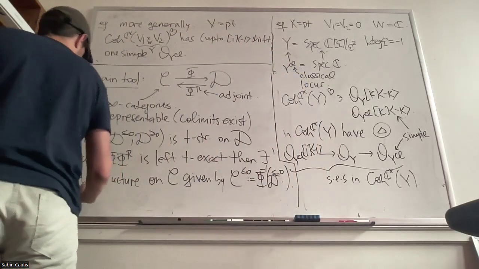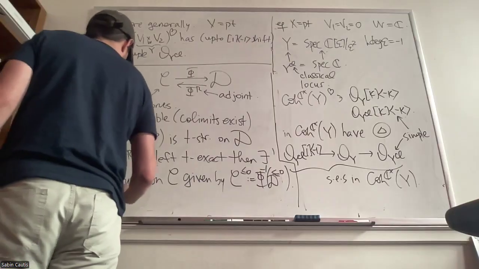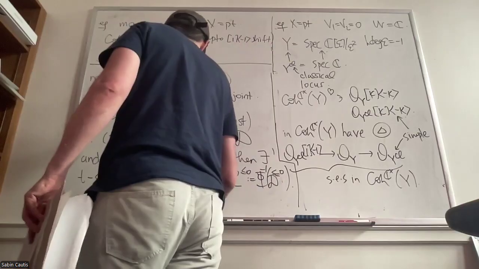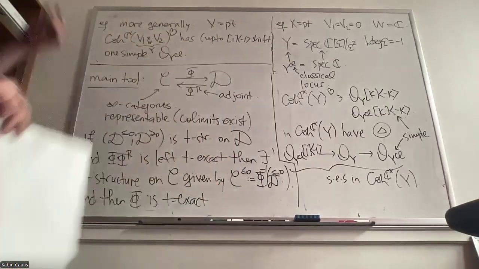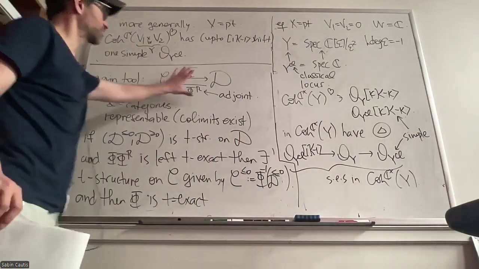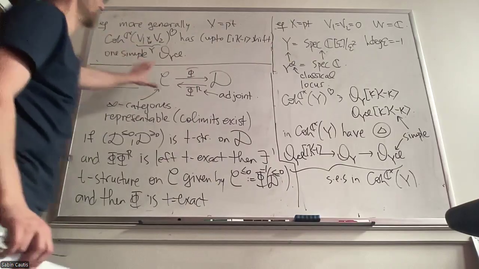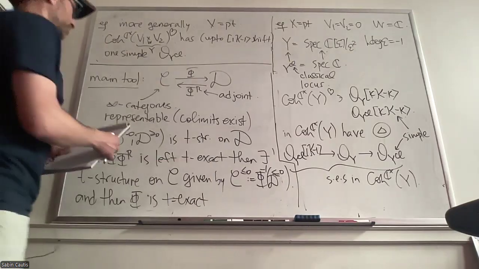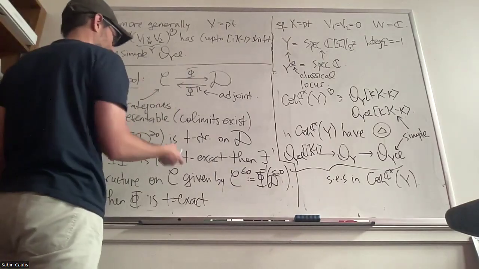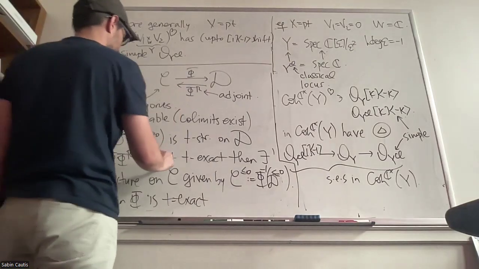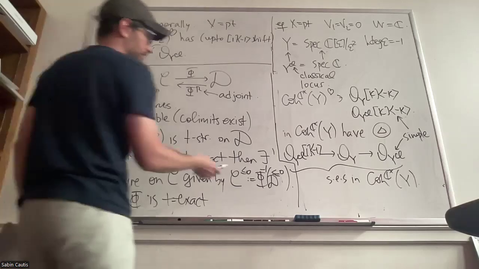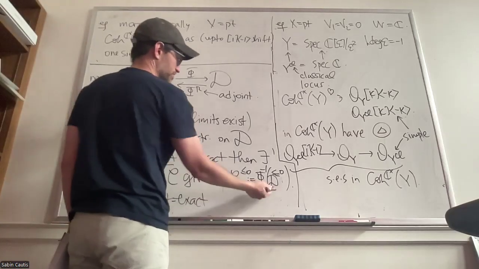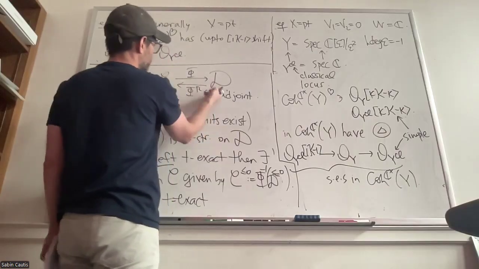And such that phi is in fact completely T exact. So let's recap. Under some very general assumptions, assuming these are large categories, if you have an adjoint pair and the composition is left T exact, then you can define a T structure on here such that the less than or equal to 0 part is just a pre-image of all the objects.